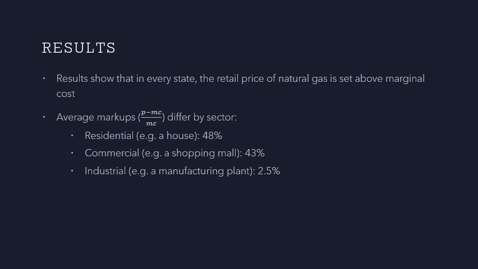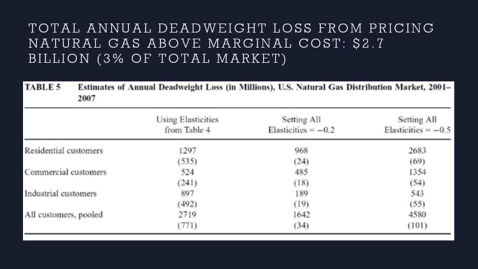Davis and Mulliger are then estimating the deadweight loss associated with non-marginal cost pricing, and they find that deadweight loss is about $2.7 billion per year, or 3% of the total market for natural gas. The columns in this table show estimates of deadweight loss by customer class with different elasticities.